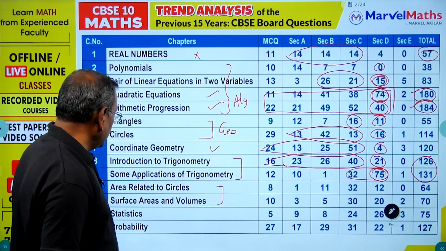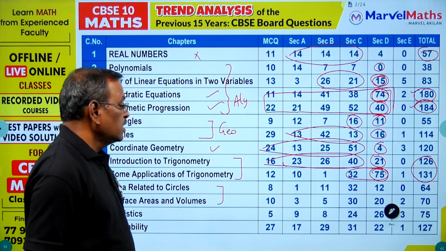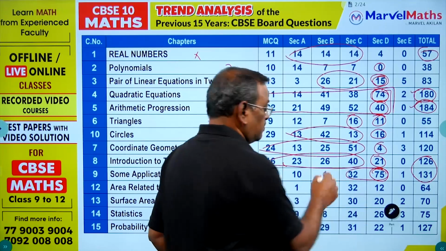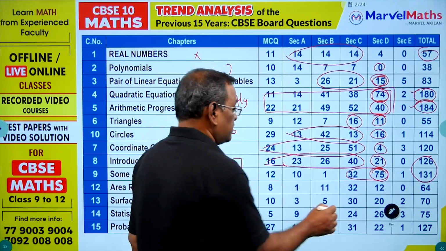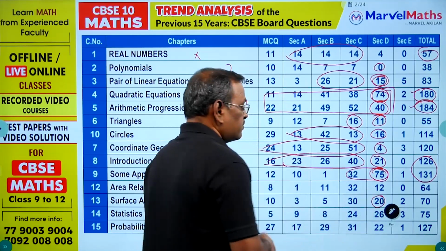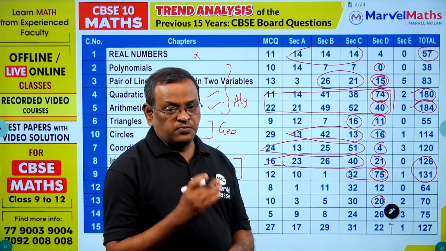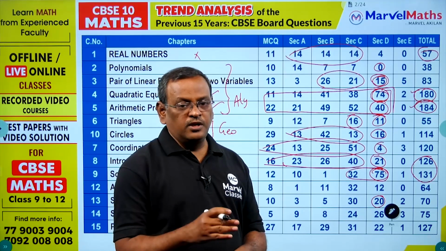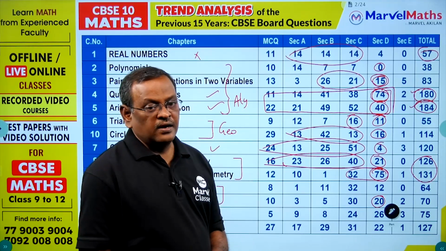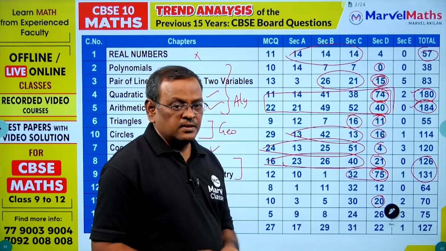Areas related to circles and surface areas and volumes. These two both have the same weightage, but you can expect a 5-mark question from surface areas and volumes: problems based on volumes as well as surface area of combined figures. You can practice more sums in this.